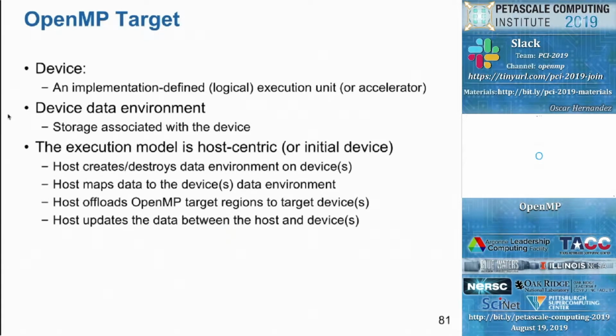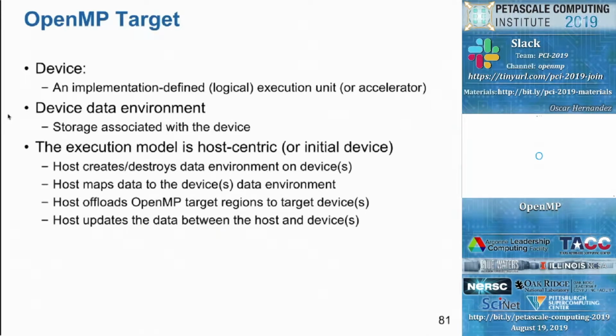The abstraction model for the accelerator that we see in OpenMP is based on OpenMP Target, where we define a device as a logical execution unit that is an accelerator. From the point of view of OpenMP, an accelerator is agnostic of the architecture. It's basically a device where we want to offload computations, and that device has a data environment that you use to move data to it.